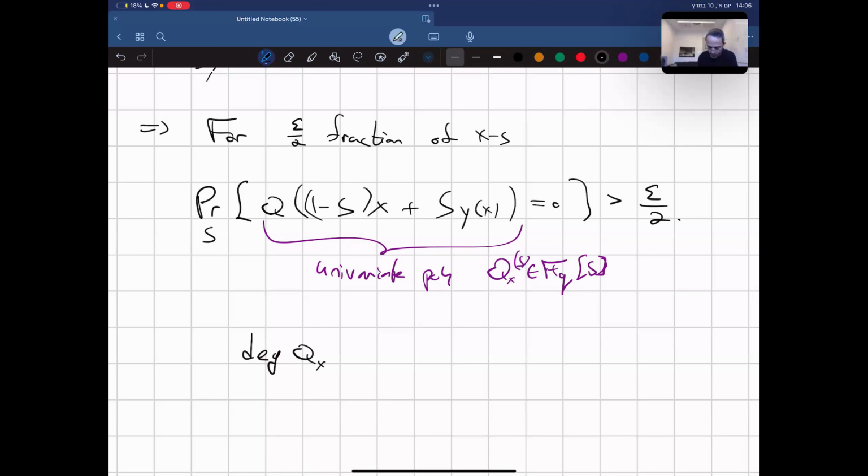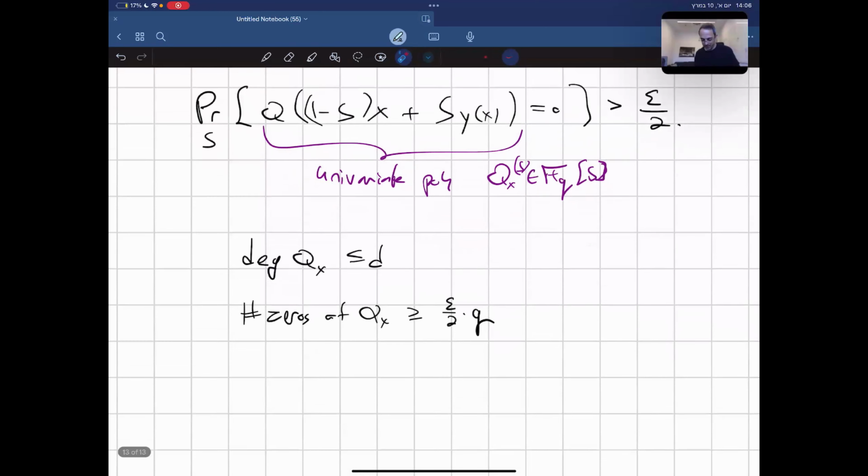So the degree of Q sub x is at most d, but the number of zeros of Q sub x is at least epsilon over 2 times q, right? Because s is uniform over F_q, and epsilon over 2 fraction translates to epsilon over 2 times q zeros of this polynomial.